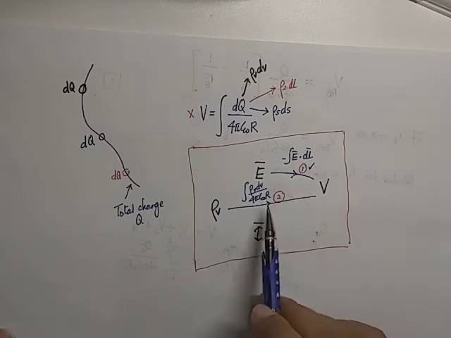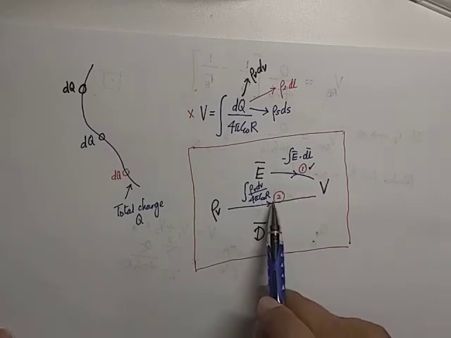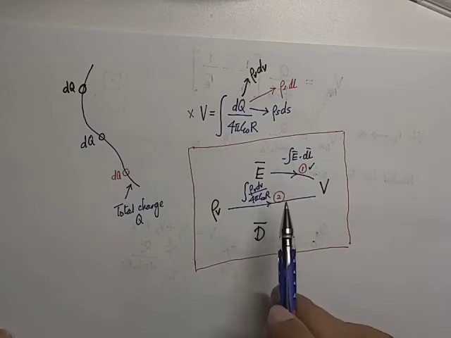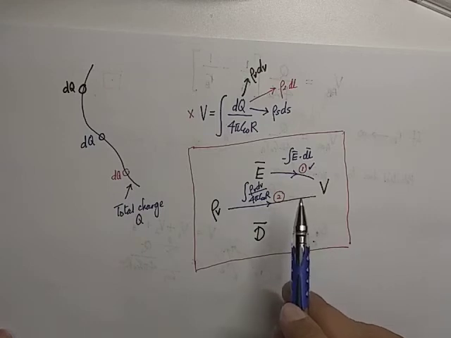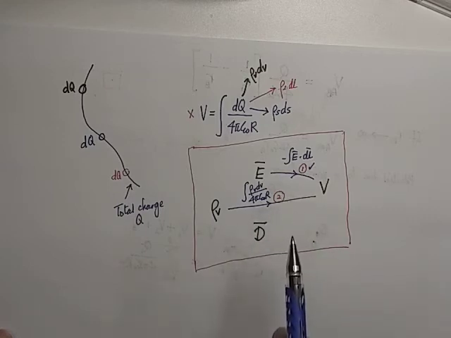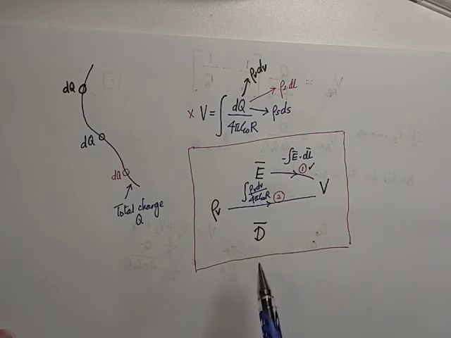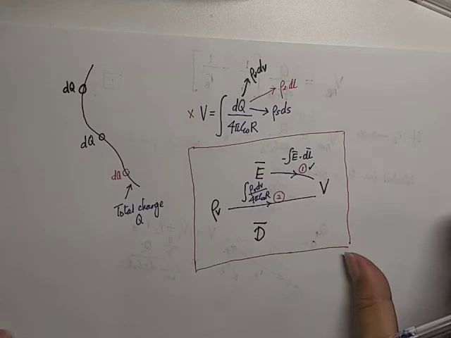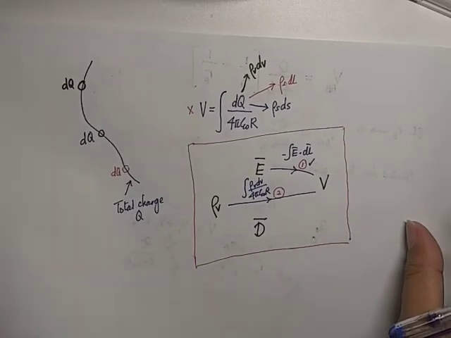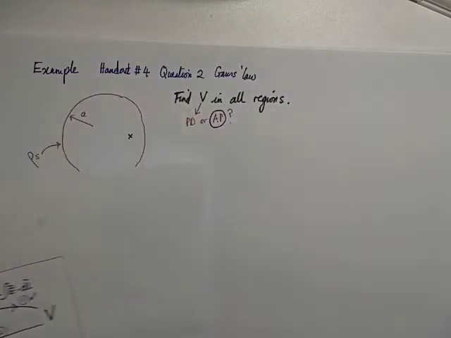I can use method number 2, but from my experience, method number 2 is much tougher compared to method number 1. So logically, you have to do a lot of examples in order to become a wise person, to choose the easier method every time you are dealing with an electromagnetic problem. So I'm going to use method number 1.